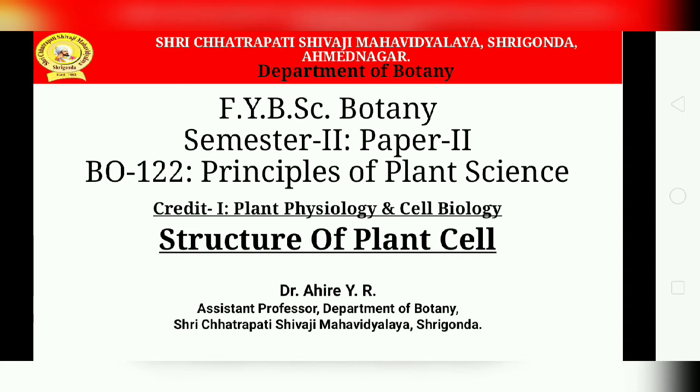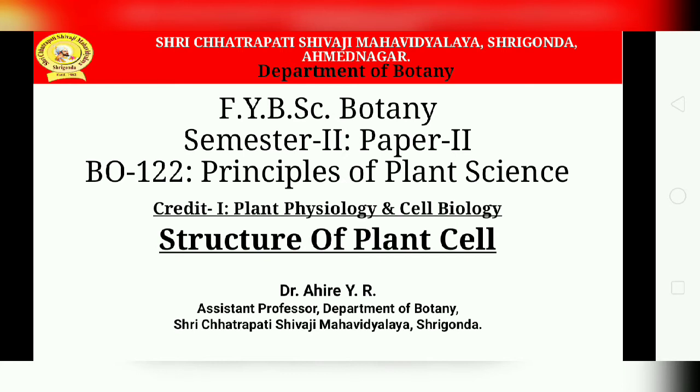They may be a single cell, for example bacteria or the green alga like Chlorella, while the higher plants are multicellular. The cells are the basic structural and functional units of all plants.